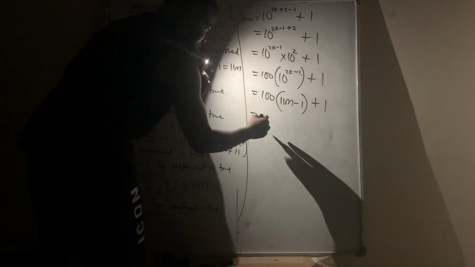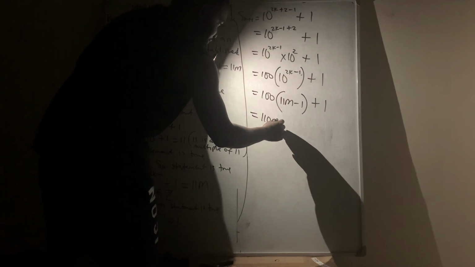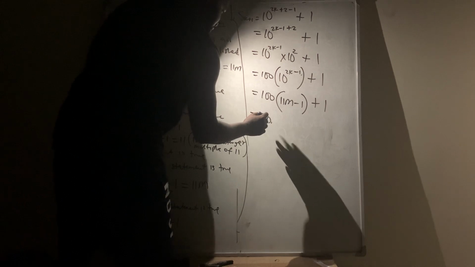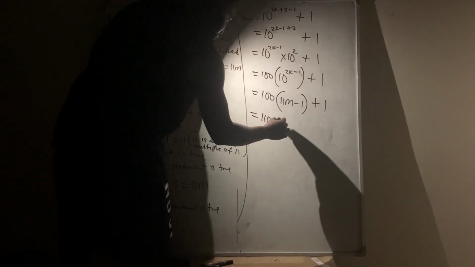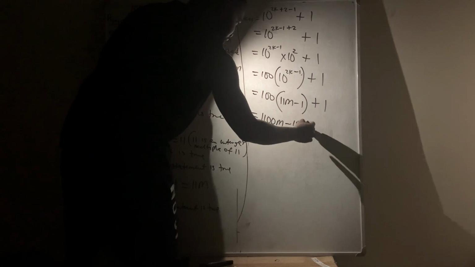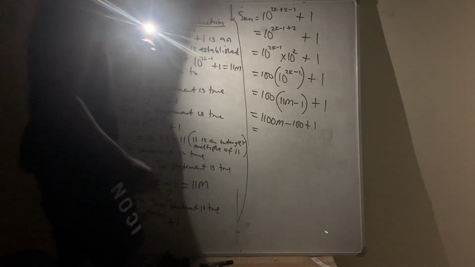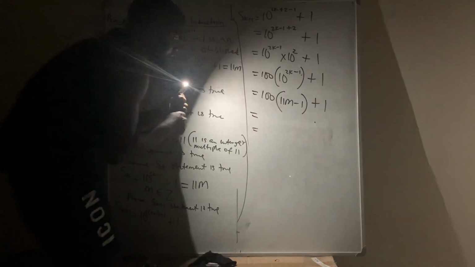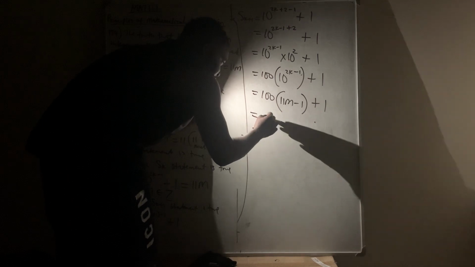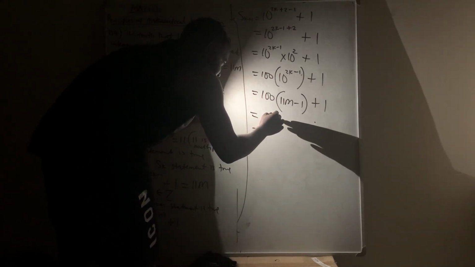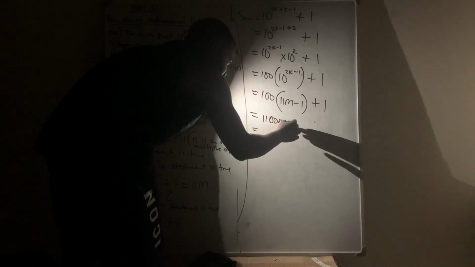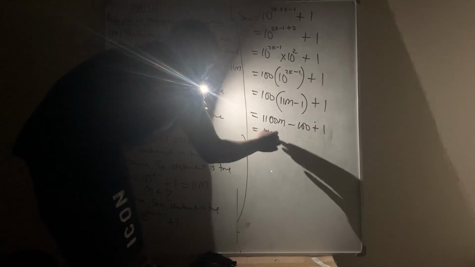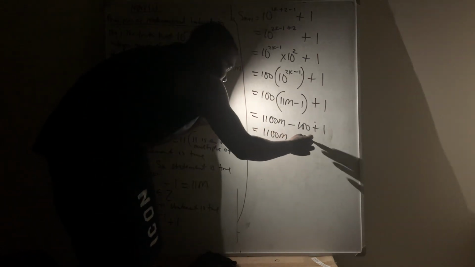This time this will give you 1100m, minus 100, then plus 1. So I'm going to have that this is 1100m, minus 99.